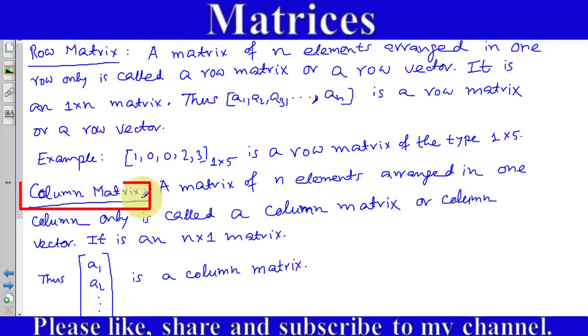Column matrix: a matrix of n elements arranged in one column only is called a column matrix or column vector. It is an n by 1 matrix.